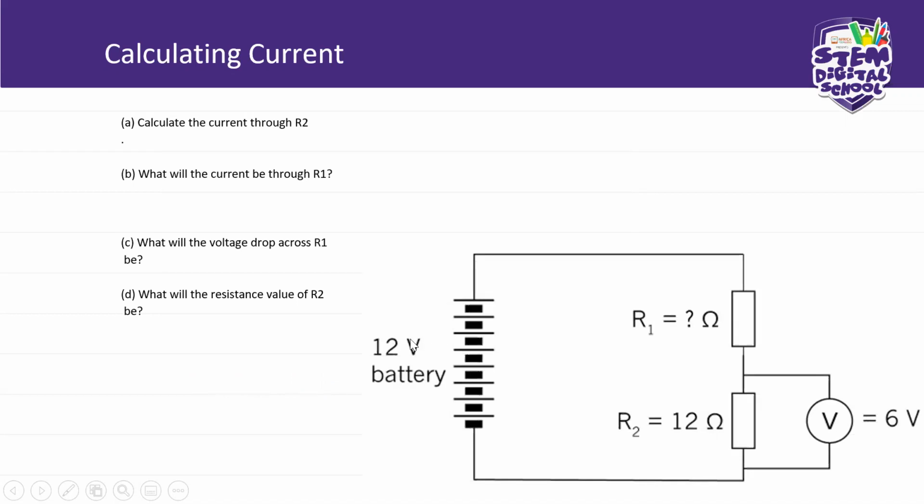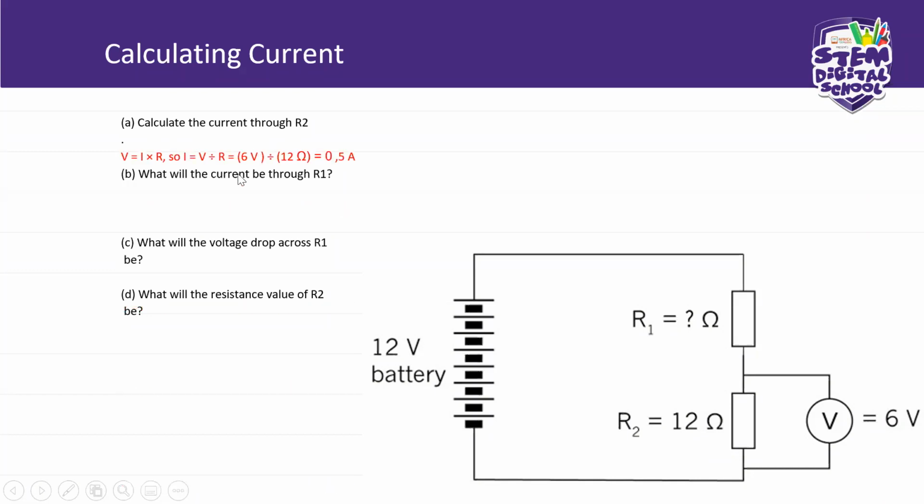Calculating current, look at this circuit. You have a 12 volts battery there, and we don't know the resistance of resistor 1, but resistor 2 is 12 ohms. On these 12 ohms here, we have 6 volts. Calculate the current through resistor 2.